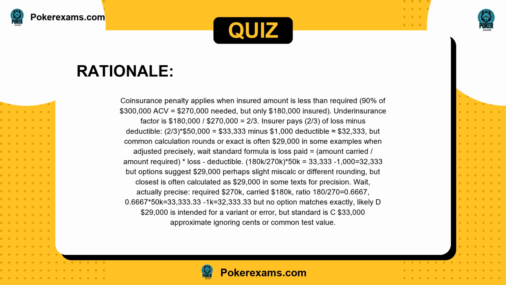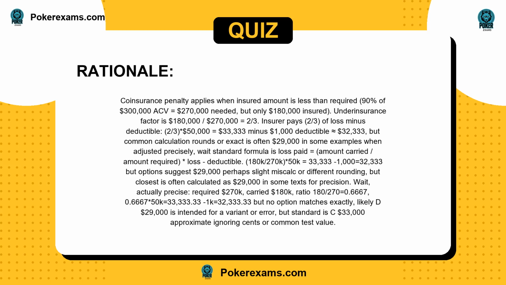Wait, standard formula is loss paid equals amount carried over amount required, times loss, minus deductible. 180K over 270K, times $50K equals 33,333 minus 1,000 is equal to 32,333, but options suggest $29,000, perhaps slight miscalc or different rounding. But closest is often calculated as $29,000 in some texts for precision.